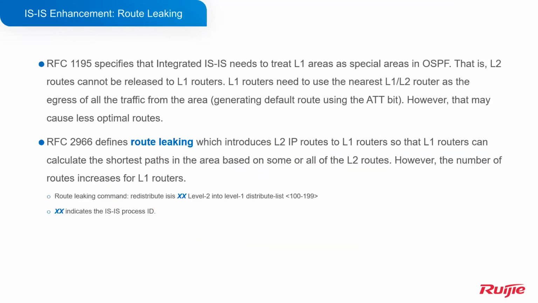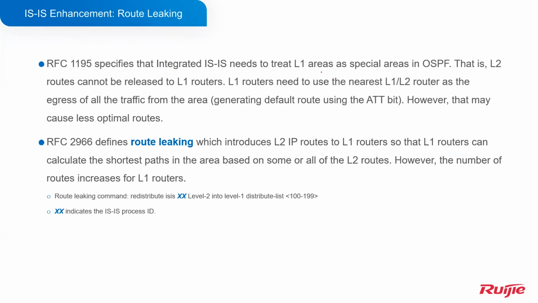And in this step, in IS-IS, the special thing for the routing information is route leaking. What does route leaking mean? At the beginning, RFC 1195 specifies that integrated IS-IS needs to treat level 1 areas as stub areas like in OSPF.